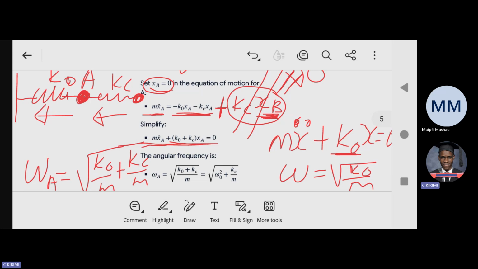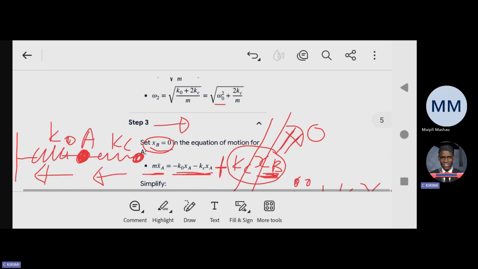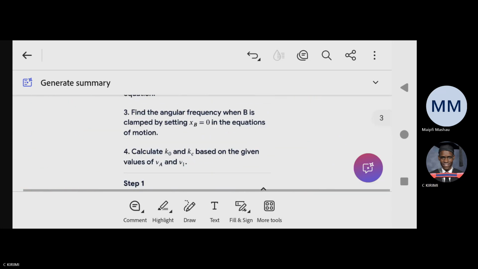Omega is just the square root of the coefficient of that displacement x. And first you must set everything equals to 0 before you talk of the coefficient. So everything must be equal to 0. And the coefficient of x will be k naught plus kc. That will be what you are going to replace. Then we have shown what they wanted us.